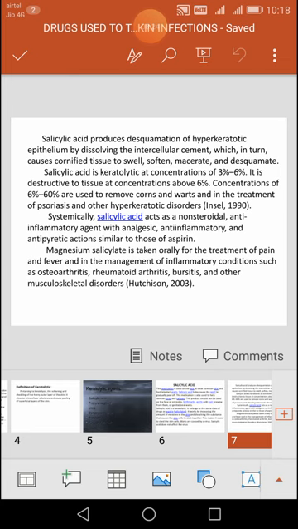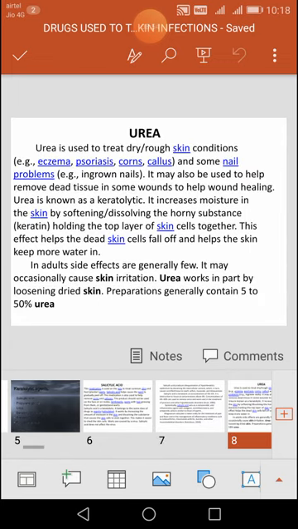So magnesium salicylate will be used in combination with other minerals, right? Here it will be used to treat infections and other inflammatory diseases such as osteoarthritis.